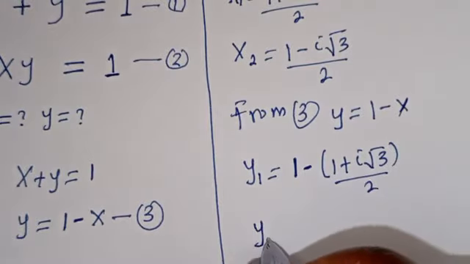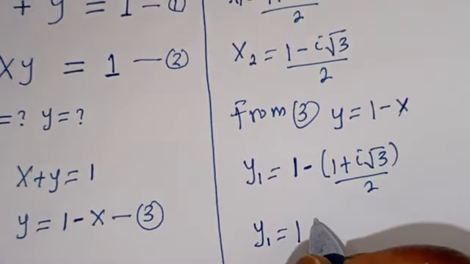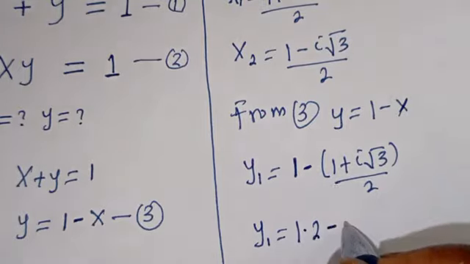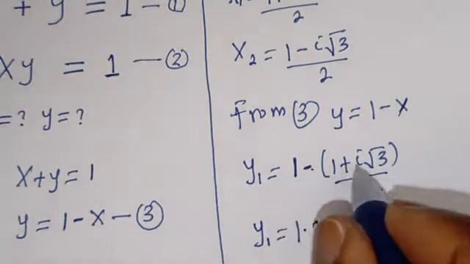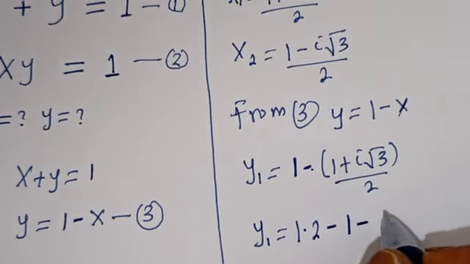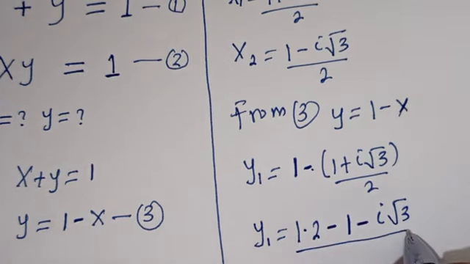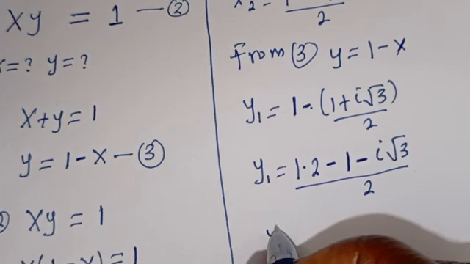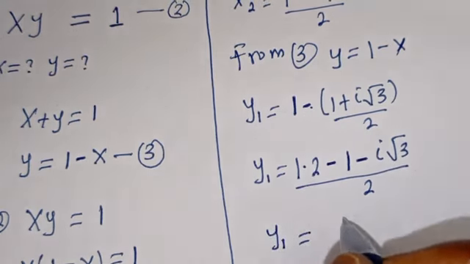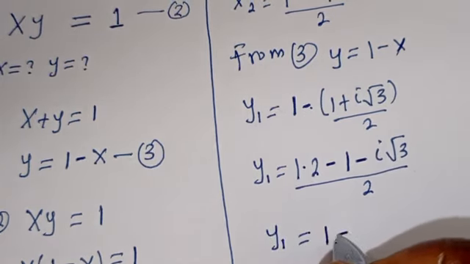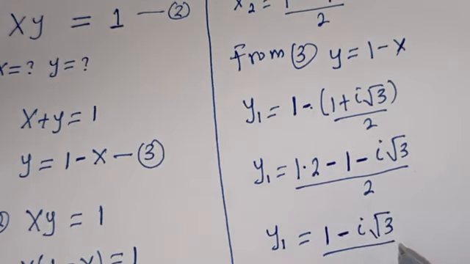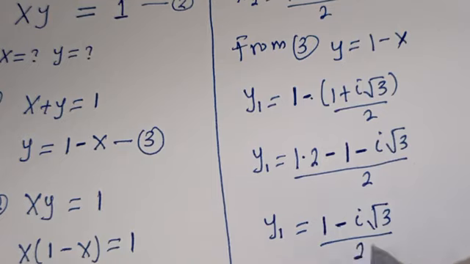Now y1 is equal to 1 multiplied by 2 minus 1, then minus times plus, that is minus i square root of 3 divided by 2. y1 will be equal to 1 minus i square root of 3 divided by 2.